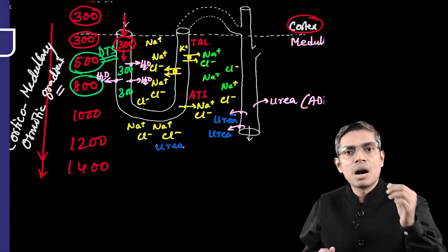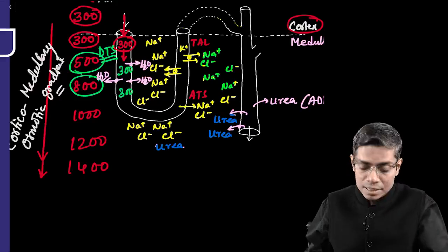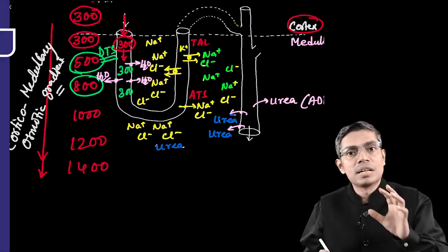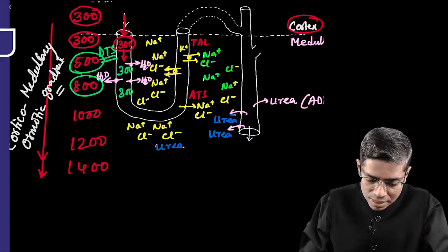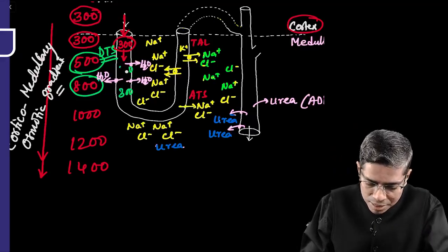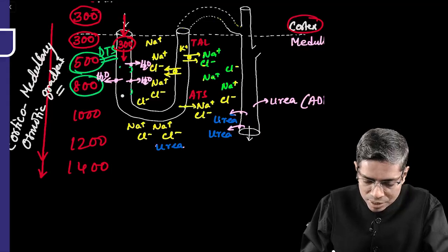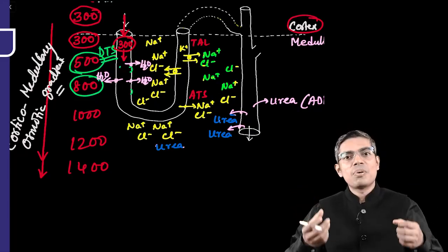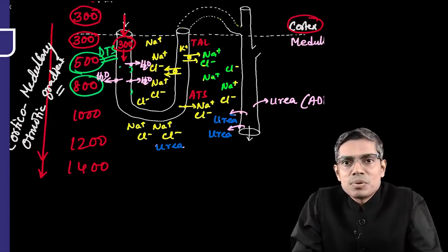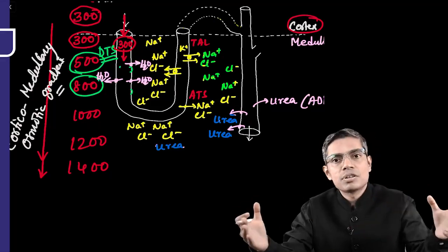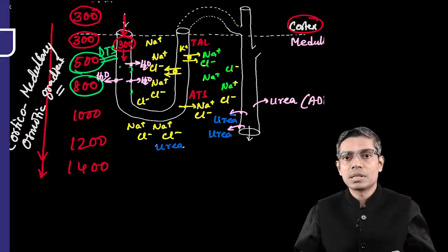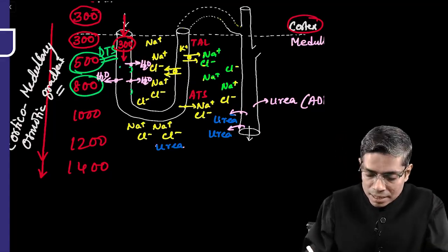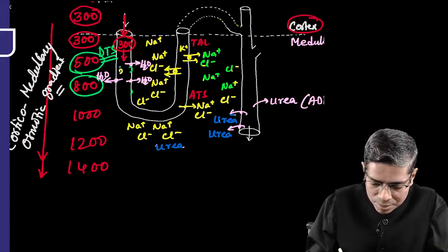Now the question is, how long will this water reabsorption continue? This water reabsorption will continue until the inside urine tonicity becomes the same as the outside tonicity. Getting my point? Absorption of water is going on by osmosis, low solute to high solute. How long will this water continue to be reabsorbed? Until the inside tonicity becomes the same as the outside tonicity.